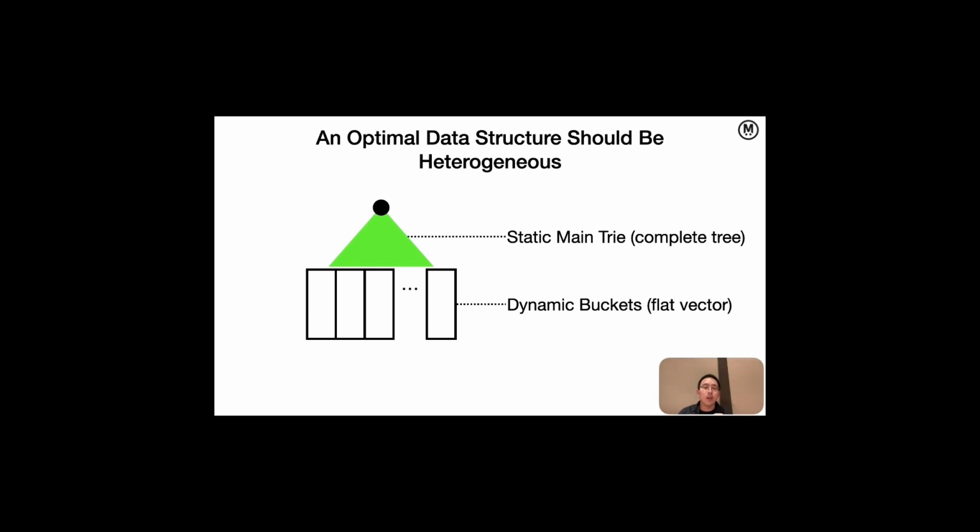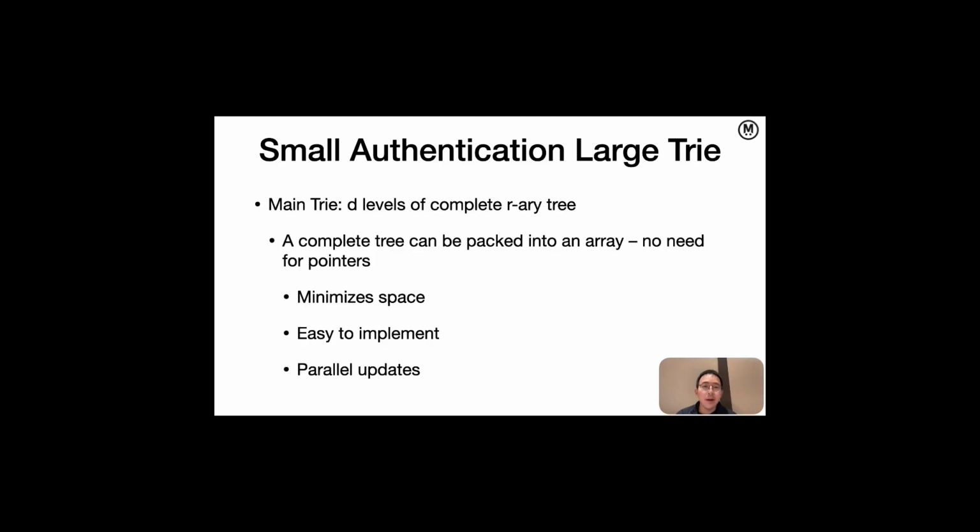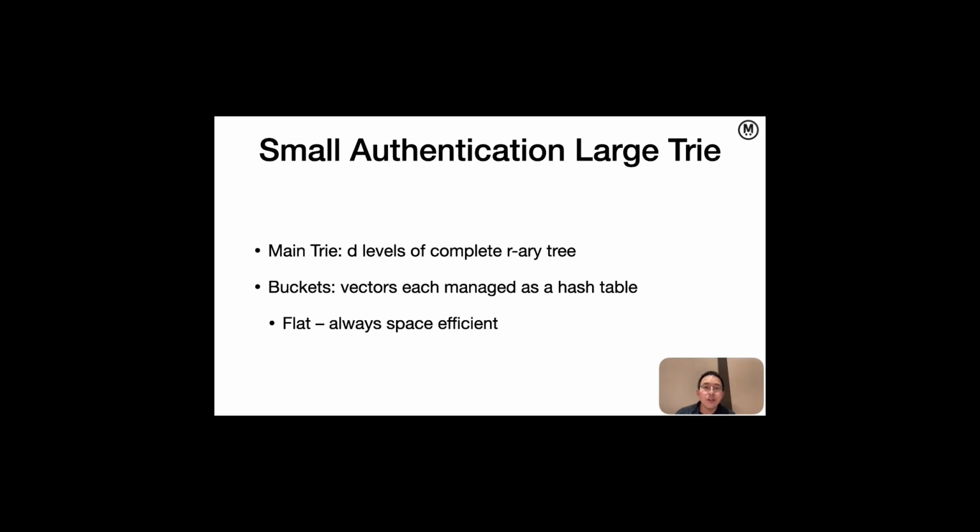We replace them with compact lists or hash tables that are faster to read but do not incur a lot of sparsity. It's compacted from a tree back into a list. So this is the structure: for the top layers, a static main tree that is complete, and for the bottom layers, a bunch of dynamic buckets storing the actual sparse data. And these 2 pages are basically the textual version of what I described.